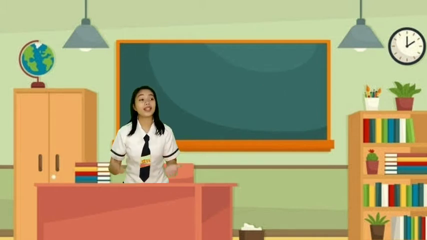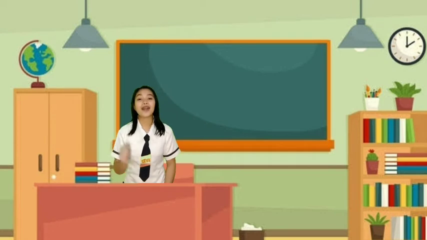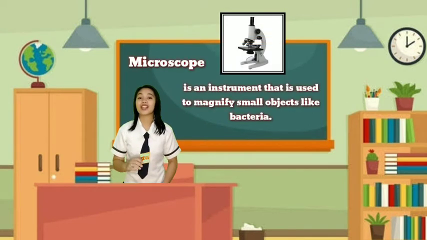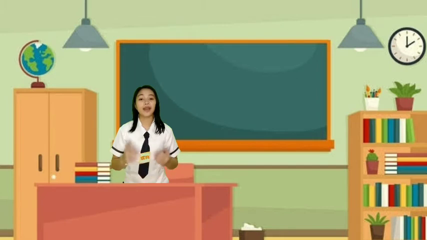Do you know what is a microscope? Very good. A microscope is an instrument that is used to magnify a small object like bacteria. What part of the microscope is shown on the activity? Brilliant.